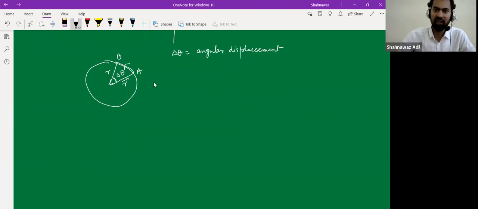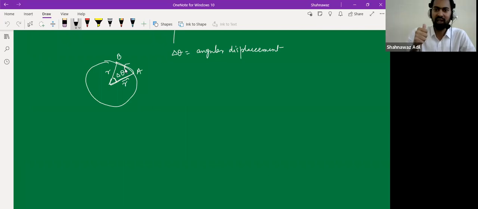So what will be the direction of this displacement vector? You recall the right-hand thumb rule, right? You point your palm in the direction of A, and you move your four fingers like this.